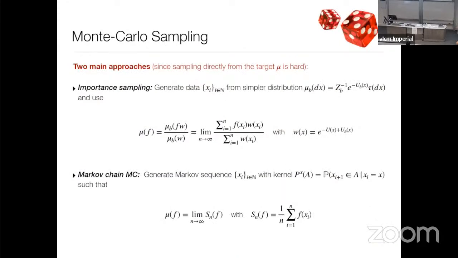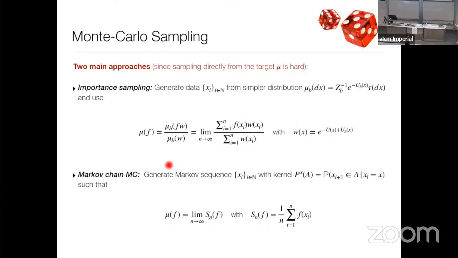And so there are two classes of method that have been introduced over the years to do that differently. The first one is importance sampling. The idea is that you generate data independently from a simpler distribution. I will call it a base distribution. You should think about uniform distribution again, or a Gaussian.